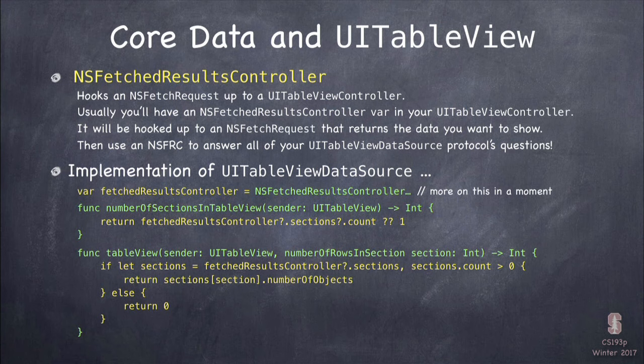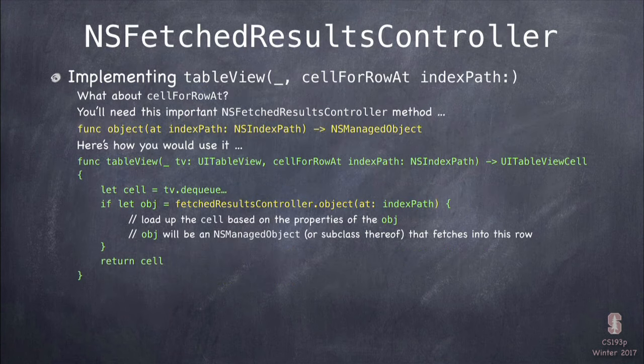And then of course there's cellForRowAt. You've got to implement that one too, and you're going to use the fetched results controller. The most important thing about cellForRowAt is you need to know what's at that row. Which thing in my database is at that row in that section in my table? You get that by asking the fetched results controller with this method, object at indexPath.